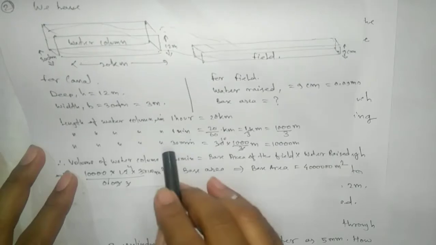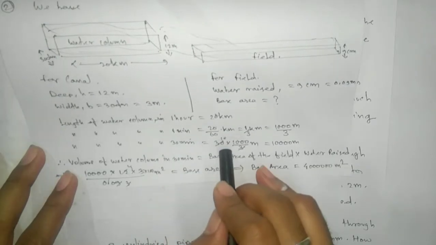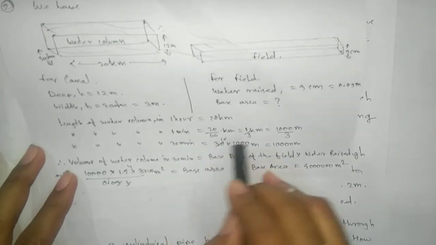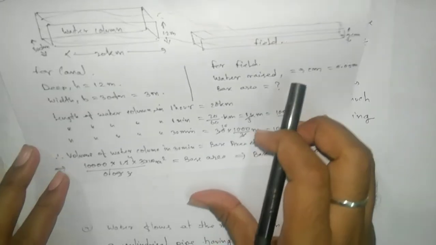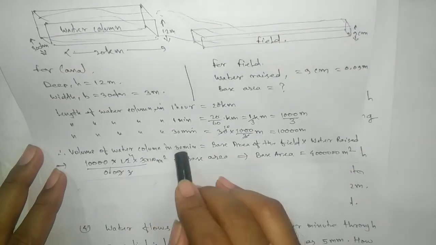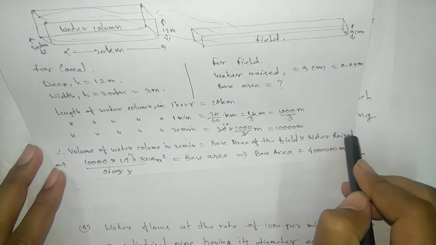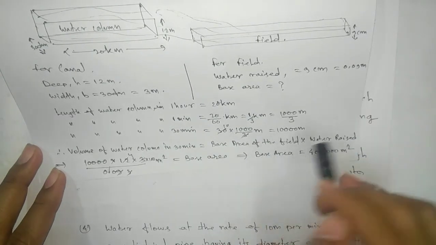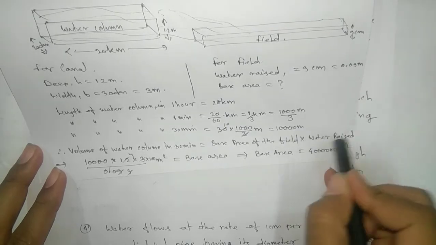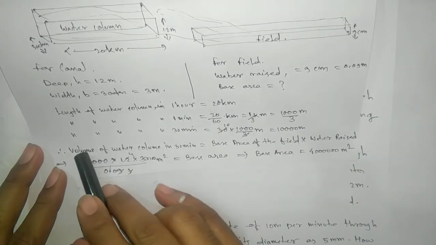For the length of the water column in 30 minutes we multiply the 1 minute value by 30, the unitary method. Next, the volume of water column in 30 minutes must be equal to the base area of the field into the water raised in the field. So now the water raised part will be in the denominator.